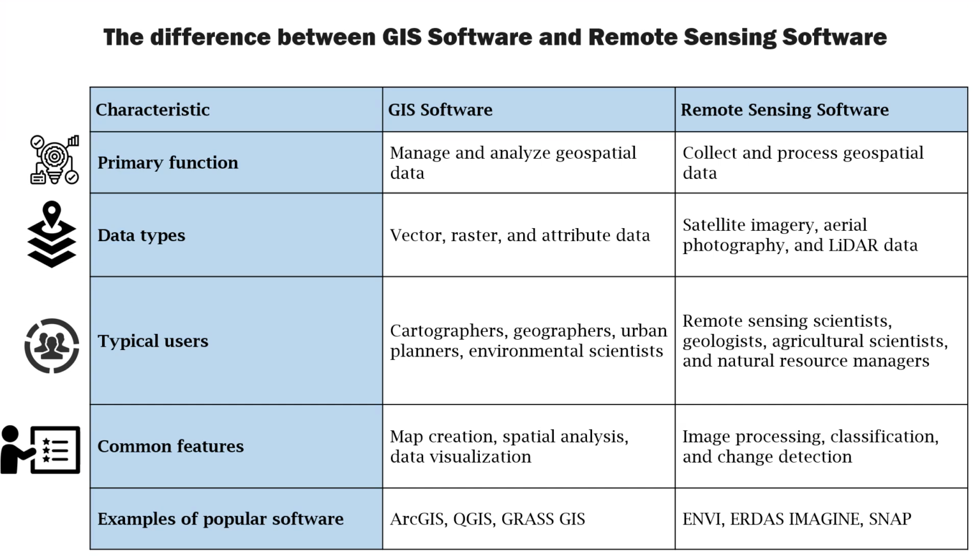QGIS is a free software, and GrassGIS is also a free software. And ENVI, IDRISI, Imagine, and SAP, those are your remote sensing based software. Those are used for land use, land cover change. Those software are used for different prediction models, like the TerrSet. That is a popular software that is used for the prediction model. So those are the basic differences between remote sensing and GIS software.